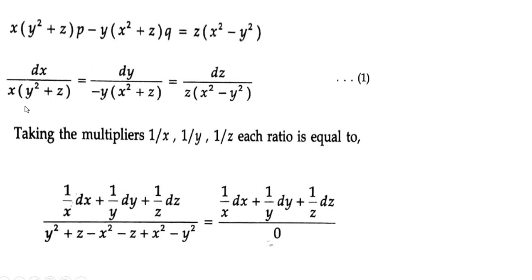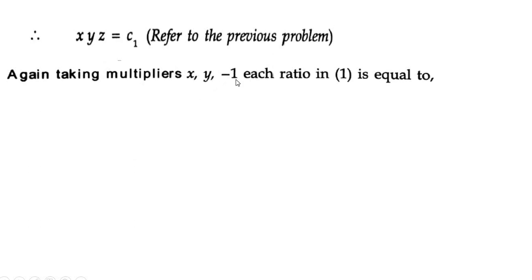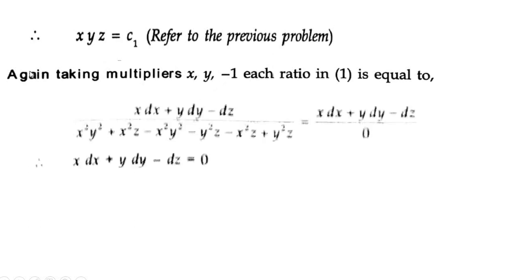Either you have to choose this as a minus x, but if you choose minus x, then x square y square will not get cancelled with the second term of dy. So we have to choose the first term as x, the second term as y, and the third term as minus 1. So we have to take the multiplier x comma y comma minus 1.